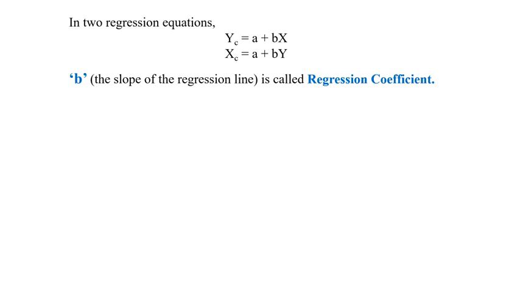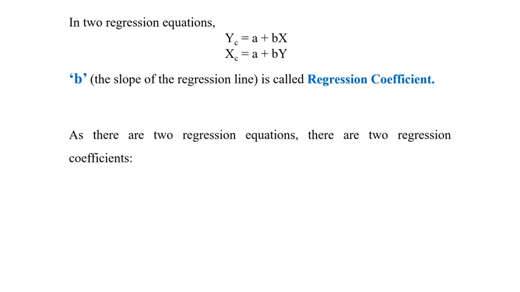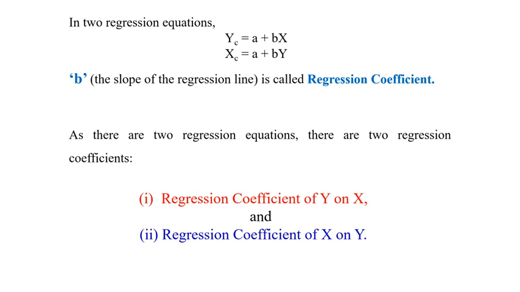That letter b denotes the regression coefficient. As there are two regression equations or regression lines, there are two regression coefficients: regression coefficient of y on x and regression coefficient of x on y. Let us discuss these two aspects.